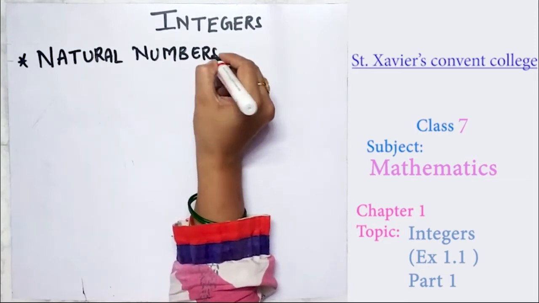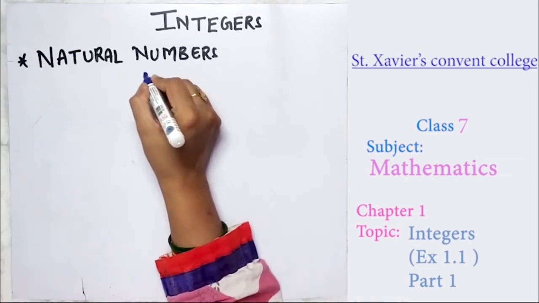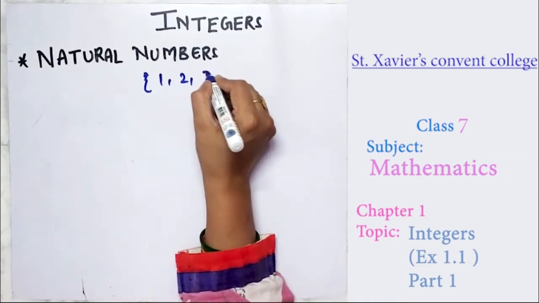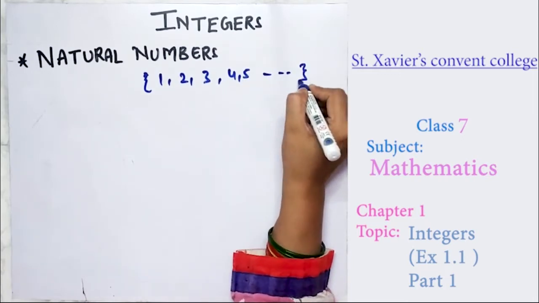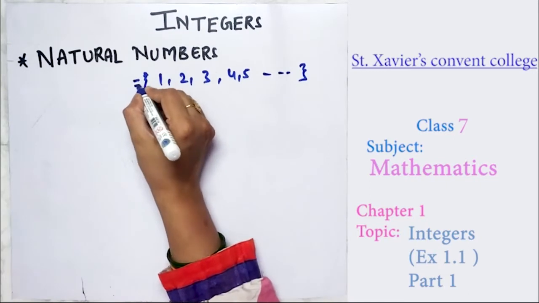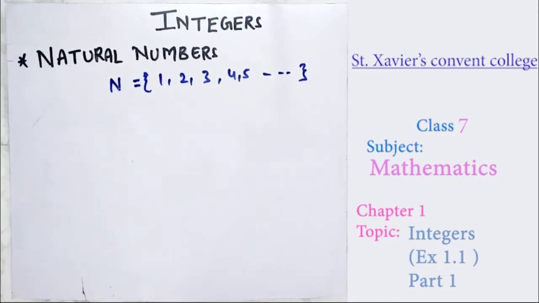As you all know, the natural numbers start from 1, 2, 3, 4, 5 and so on. The set of the natural numbers is notated by capital N.